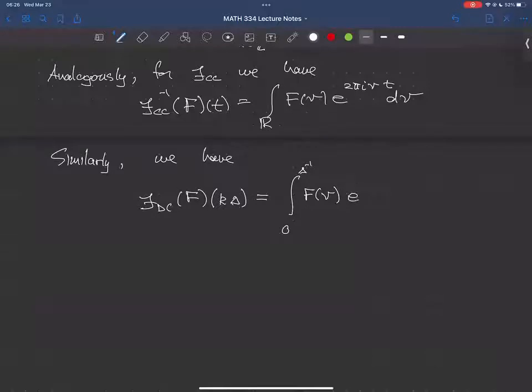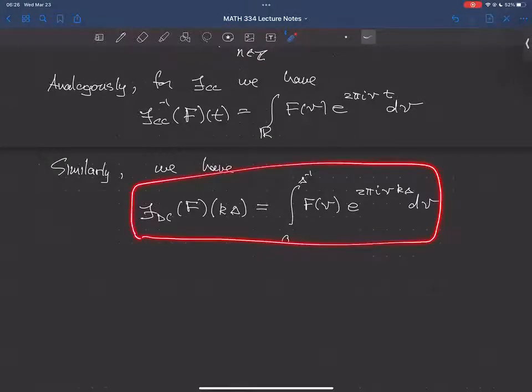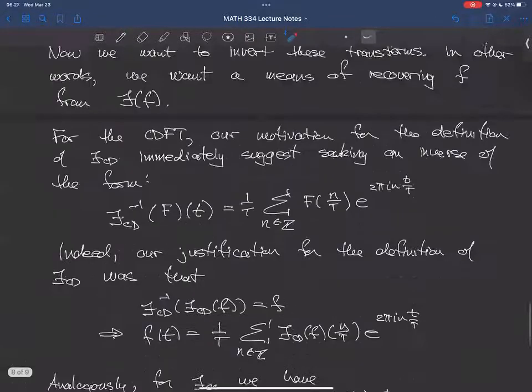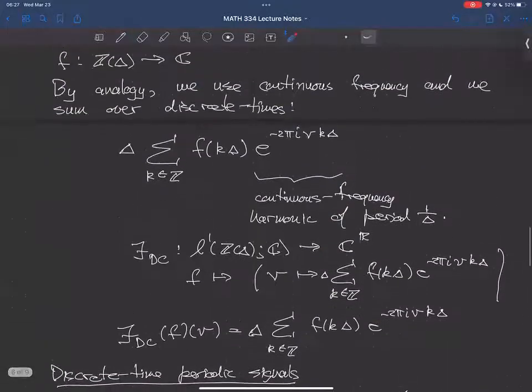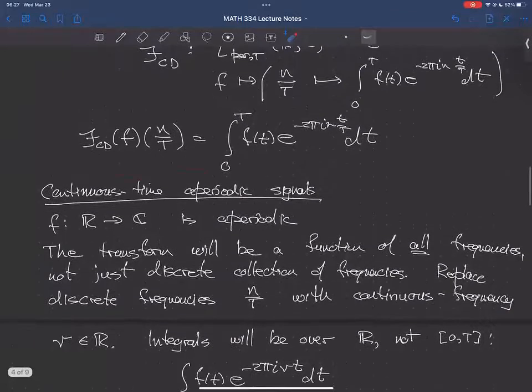That's e to the 2 pi i nu k delta d nu. Okay, so the thing you notice here is that the inverse of the DCFT looks rather like the forward transform for the CCFT.